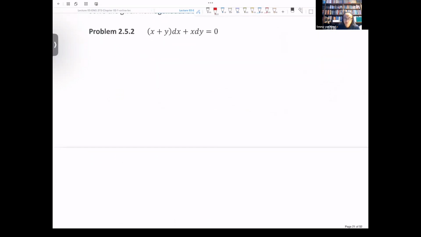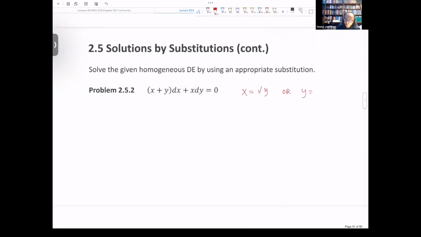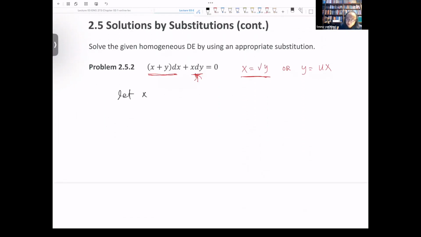So let's work on this problem. We have x equals vy or y equals ux. Let x equals vy. Now using the chain rule, dx equals first times the derivative of the second, plus the second times the derivative of the first.